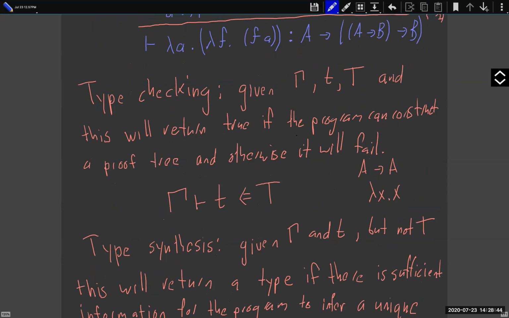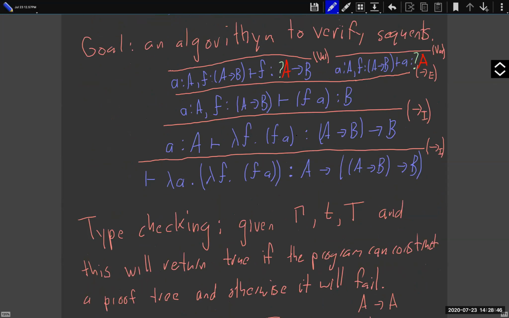So there's been an identification of types with logical formulas. So I could say, let's look at the conclusion of this sequent. I could say either that in an empty context, the term lambda A, lambda F, F of A, or the program defined by that term, has type A to B to B. So that's the programming perspective.